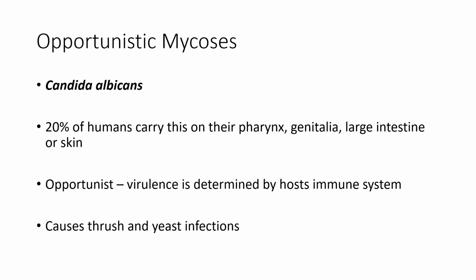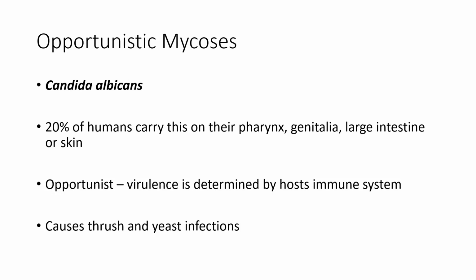And so Candida albicans is the scientific name for this little yeast, right? And 20% of humans actually carry this within their pharynx, their genitalia, and even inside their large intestines or on their skin. And so this is an opportunistic guy.